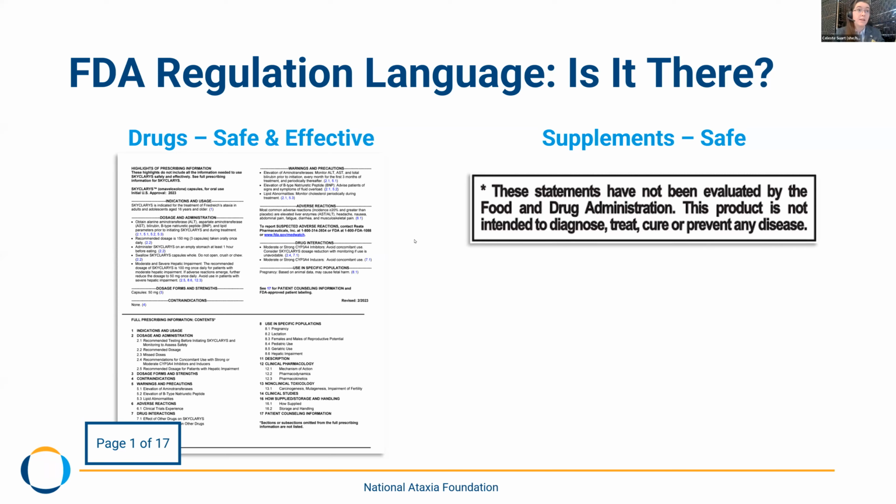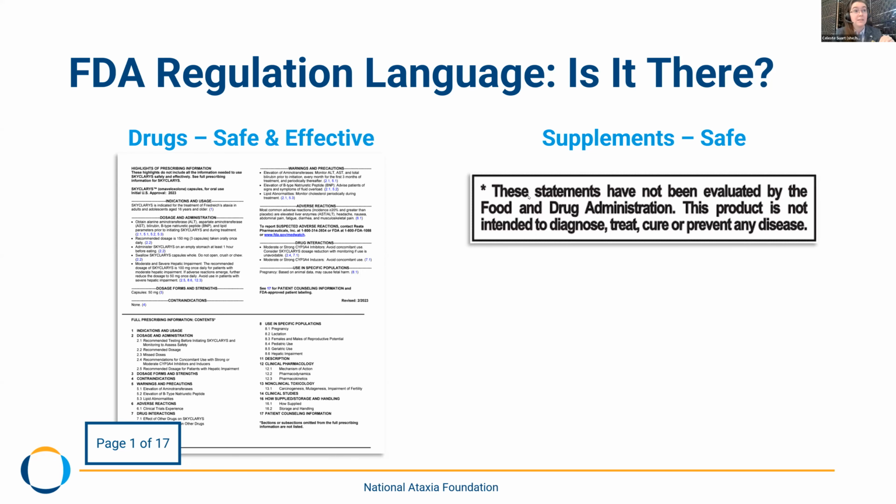That's for drugs. It's a little bit different for supplements. In legal terms, supplements do not need to show that they are effective. They don't need to show efficacy, but they do need to prove that they are safe to consume and use. So for supplements, instead of seeing safety information like this, you should see a statement such as this one.